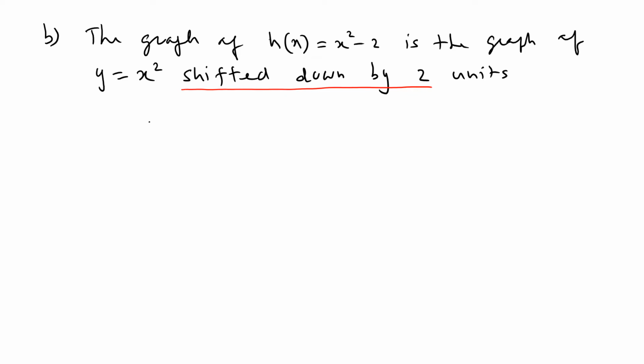So again, we can start with the original graph. So we have the parabola, and then what's going to happen now? It's going to go down. Each point is going to go down by 2 units.